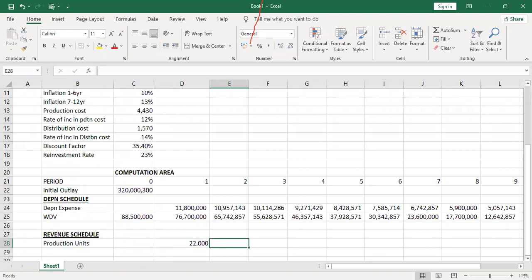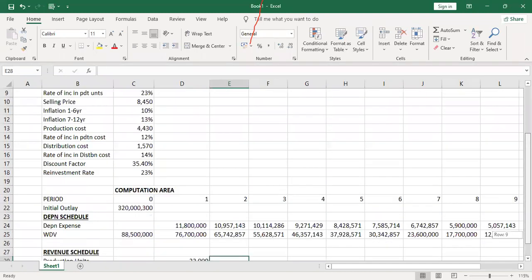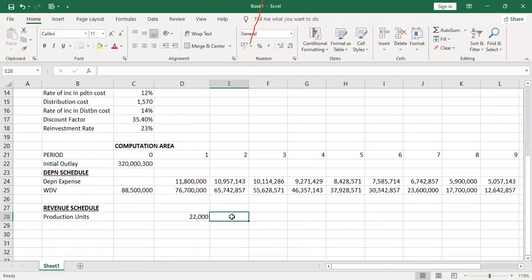Now, if the rate of increase in production is 23%, how do you get the production units in year two? It should be the units that were produced in the first period plus the percentage increase in those units.